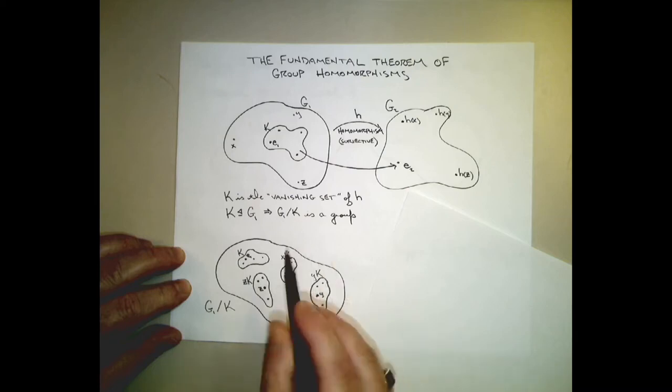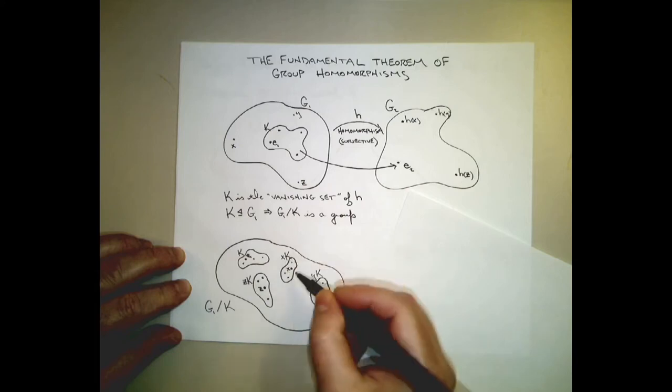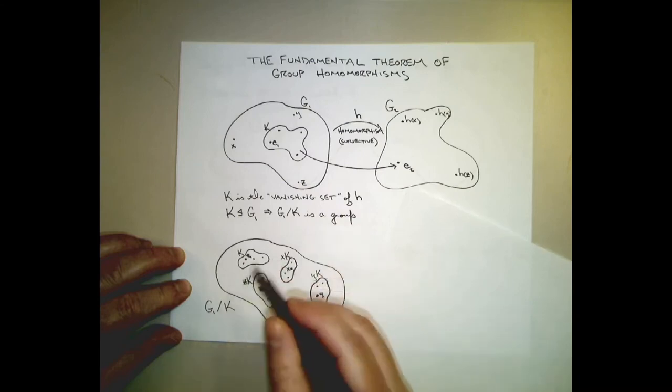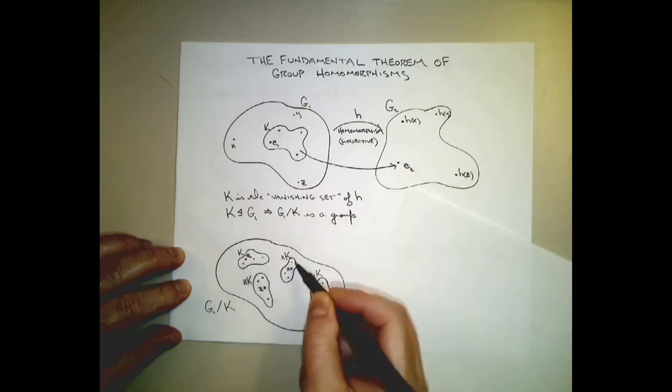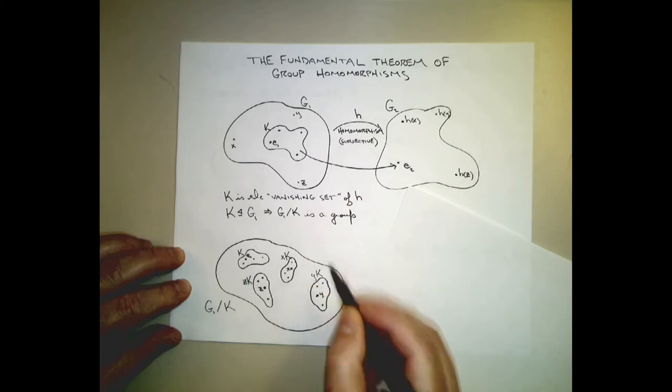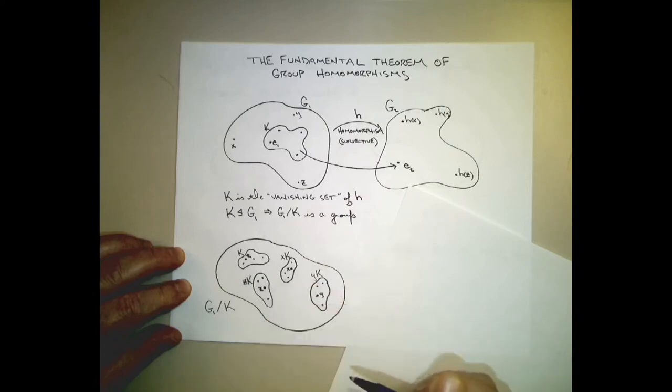And then XK, for example, is going to have a cardinality the same as the cardinality of K. I've tried to illustrate that here in my picture. I have 4 elements in K, 4 elements in XK, coset YK, coset ZK.